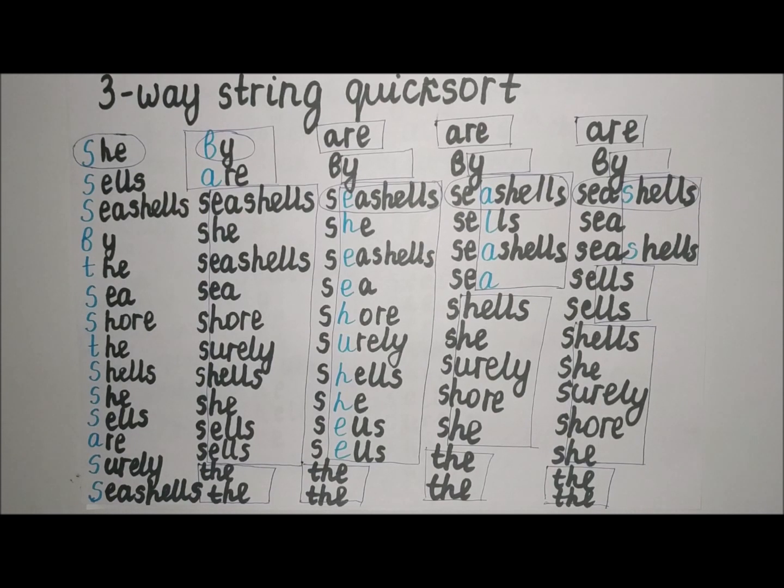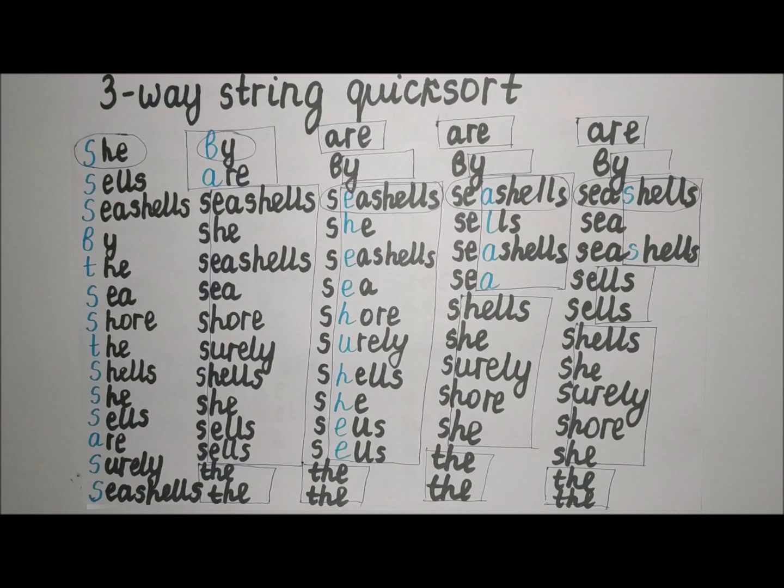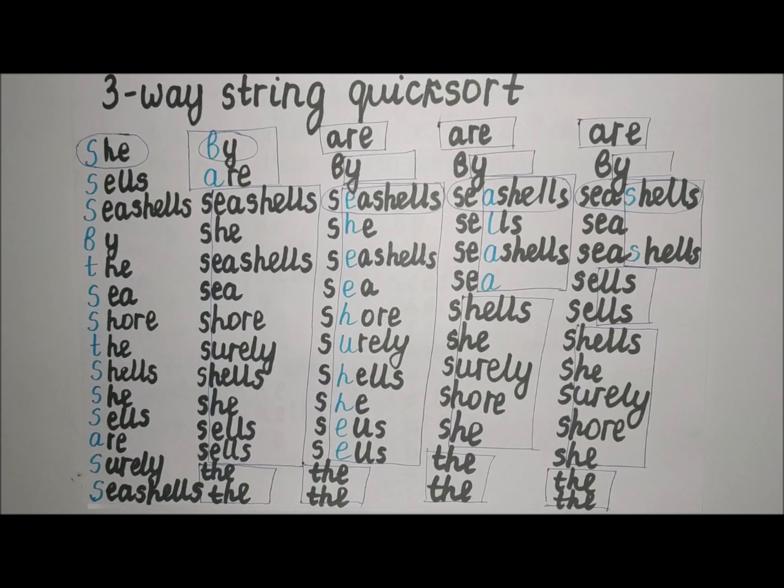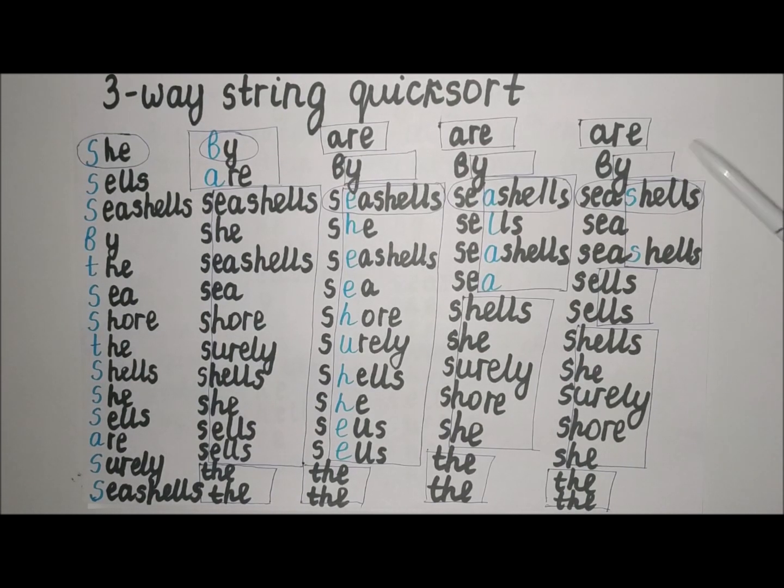Each time we recursively sort the equal, greater, and less subarrays. At the end, we get the sorted strings.